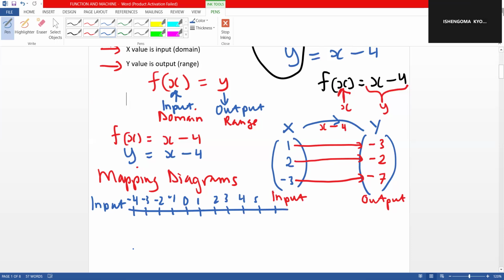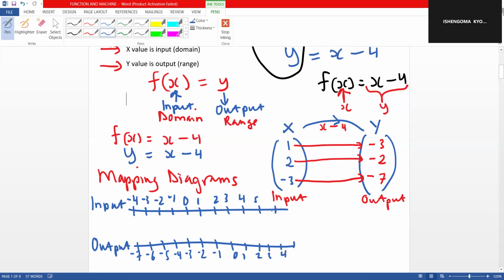This is the input, and then I can have my output line where I also keep other values. Normally, we have to have an equal number of values, but since I have a negative 7, it means that's from negative 7. So when I keep my number line, then I use an arrow to direct the input so that I show my output.